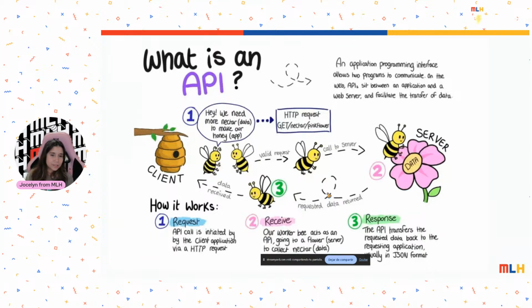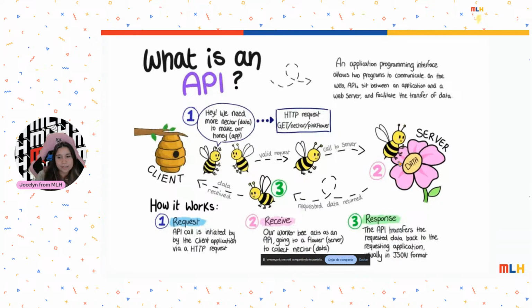The first one says, the bee over here says, hey, we need more nectar, which is data, to make our honey, which is our application. And then an API endpoint is generated, which is this one. Don't worry if you don't understand this weird thingy over here, I will explain it in a second. Then the worker bees validate the request and call the server.